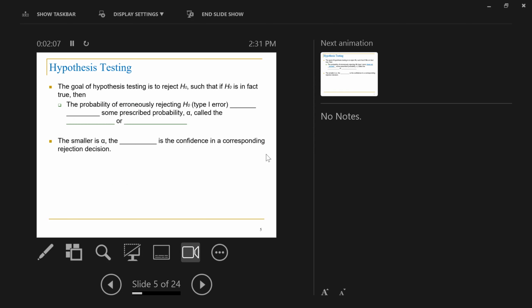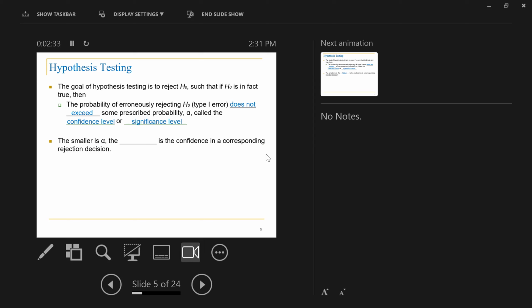The goal of hypothesis testing is to reject the null hypothesis such that if the null hypothesis is in fact true, then the probability of erroneously rejecting it does not exceed some prescribed probability that we typically call alpha. This is called the confidence level or the significance level.